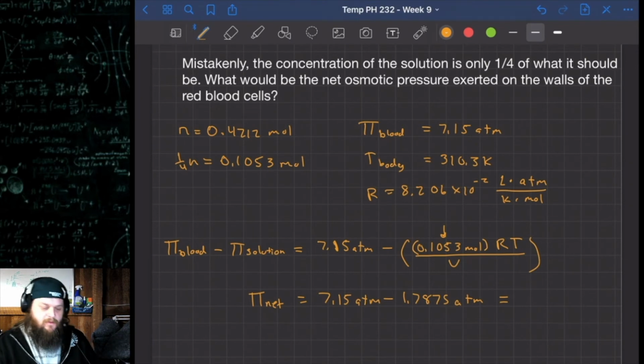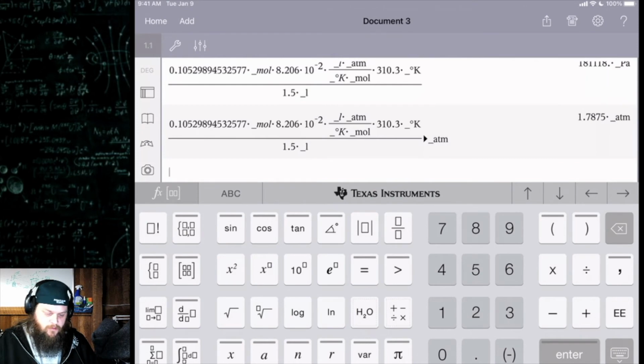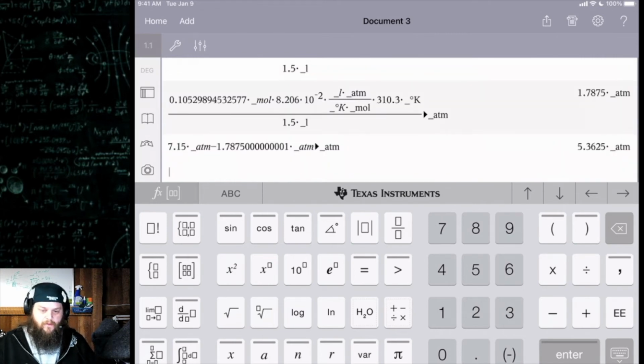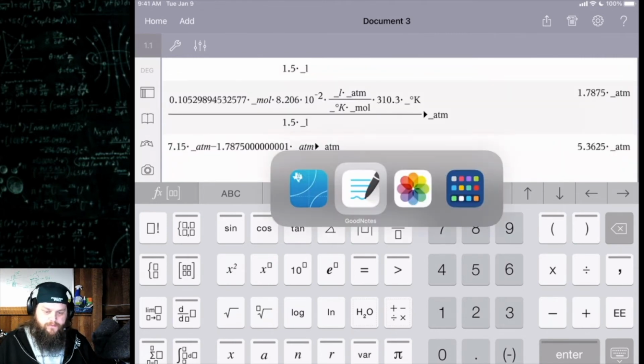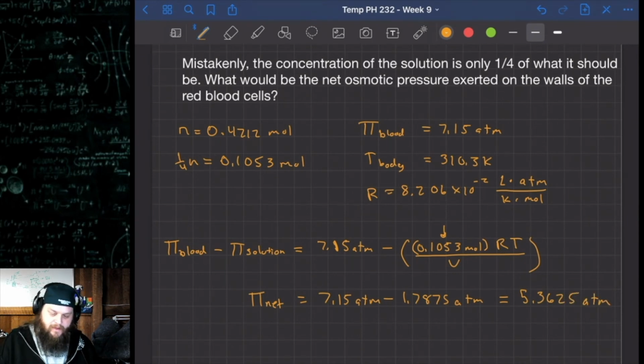Let's see what that equals. 7.15 atmospheres minus that value, and I have to tell it to do atmospheres, or it's going to convert it to pascals. 5.3625. So that's equal to 5.3625 atmospheres. That's the net osmotic pressure.